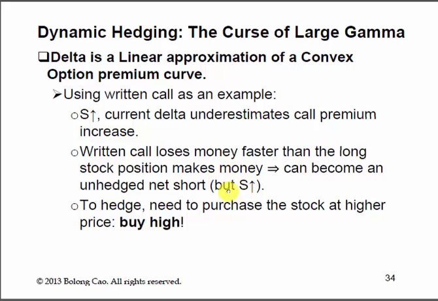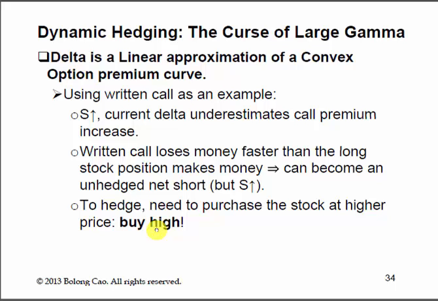But when you have this short and the stock price is going up, what do you need to do in order to hedge? You need to purchase the stock at a higher price. Not only are you buying high, yes, you buy high according to higher delta, but remember, delta itself is not enough, right? So you actually need to buy more.